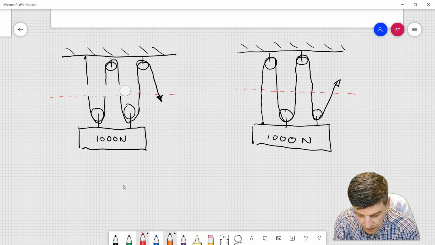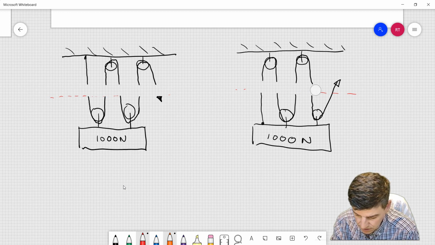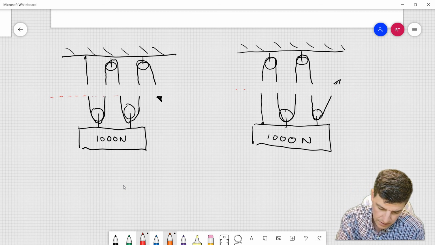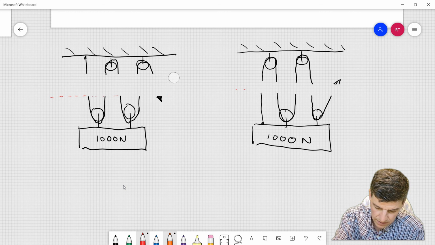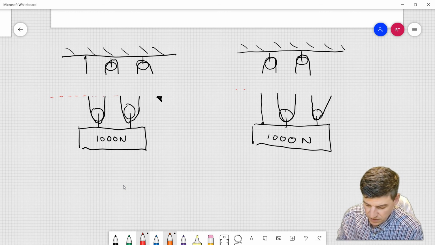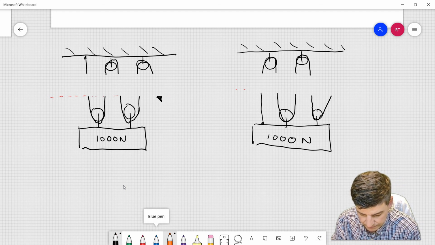Okay, so if I made my cut through here, and let's make an even bigger cut so we ignore the top half of this, let's figure out how many forces are holding up.